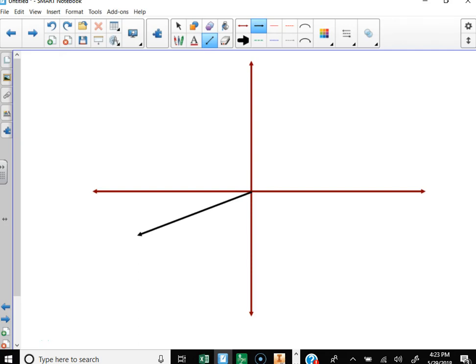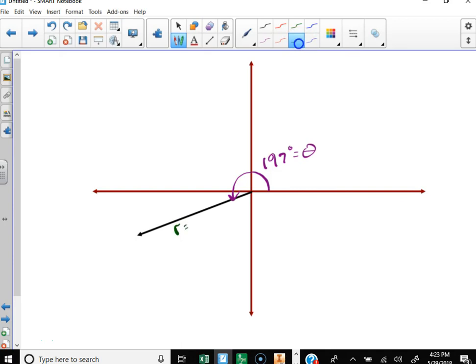Let's say that the actual angle, theta, from there to there, is 197 degrees. And let's say r, the hypotenuse here, which, like I said, they'll oftentimes call it r, is 9.2 meters. There we go.